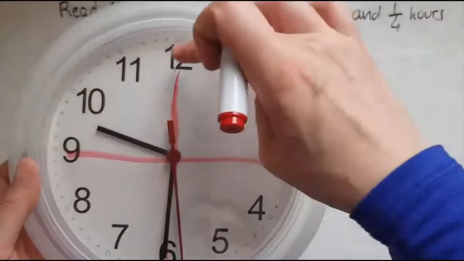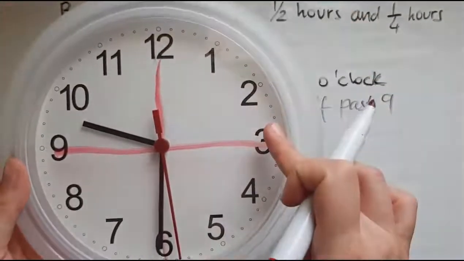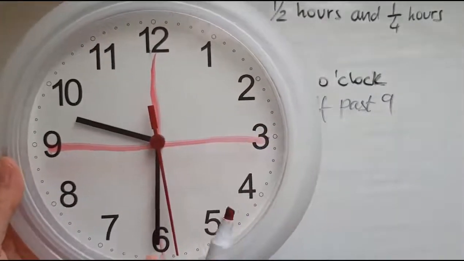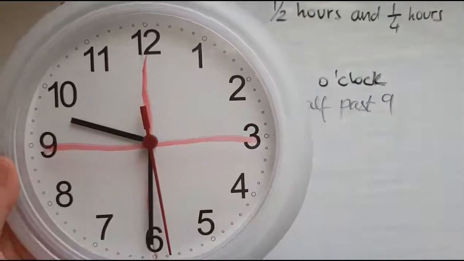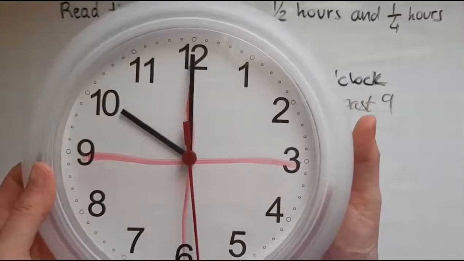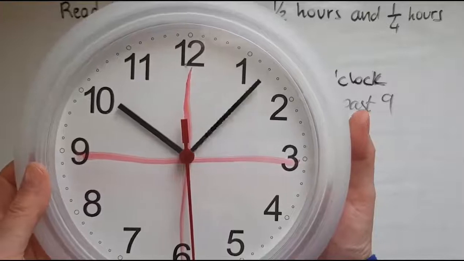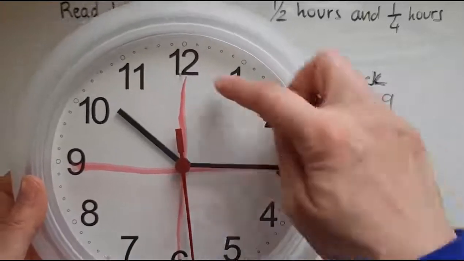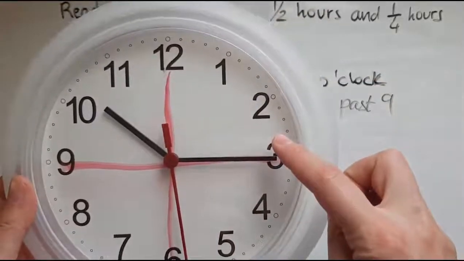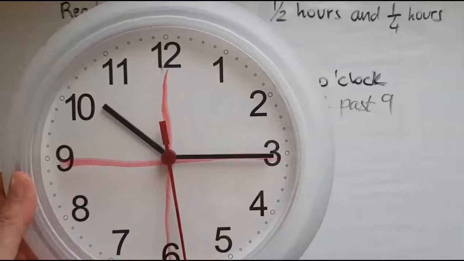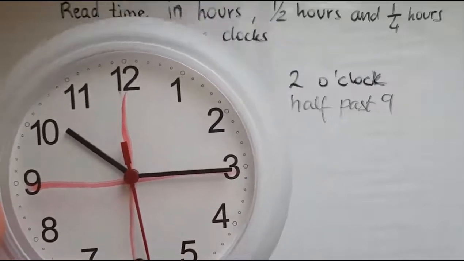So quarter an hour is this quarter turn, from 12 to the 3, from 3 to the 6, from 6 to the 9, from 9 to the 12. So this is 10 o'clock now on 3, because this is quarter a turn or quarter an hour. We've got quarter past 10, quarter past 10.